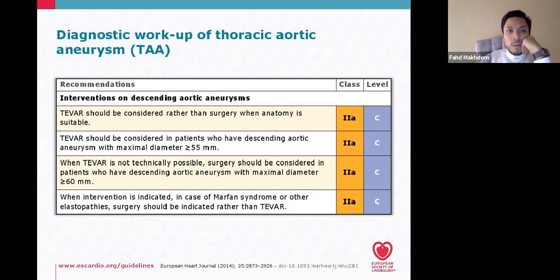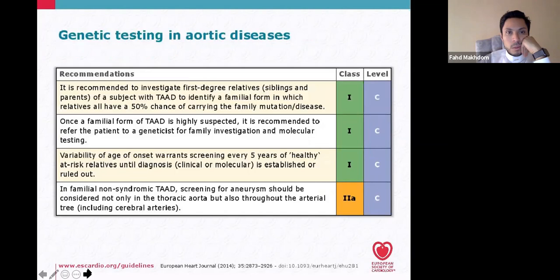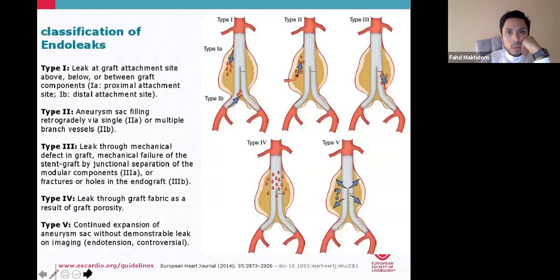Okay. Let's see. Yeah, those are the types I have here. Type 1 is proximal or distal. Type 2 is the blood vessel.